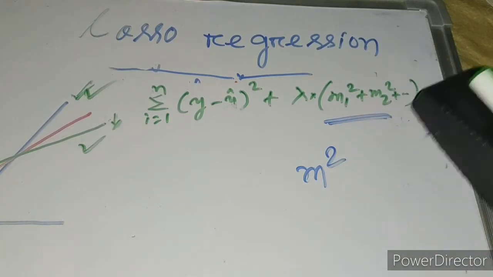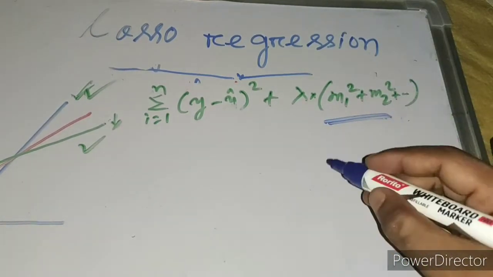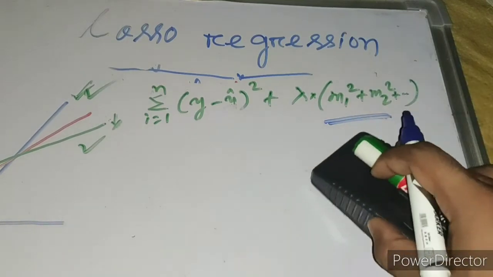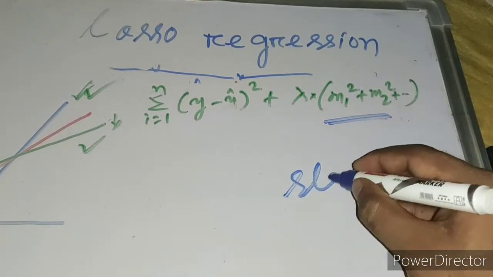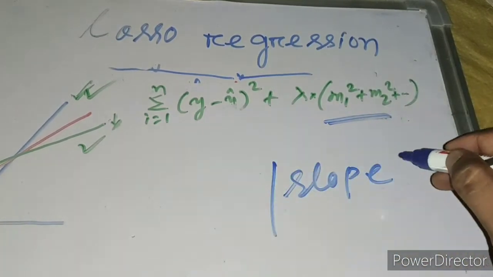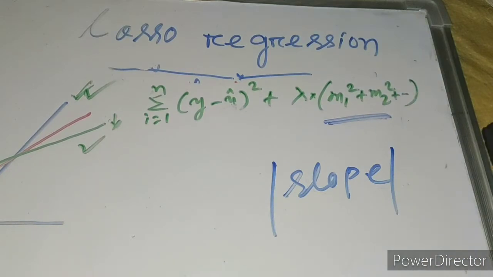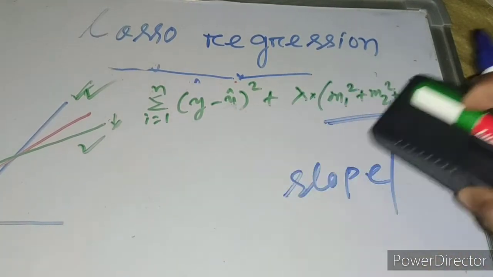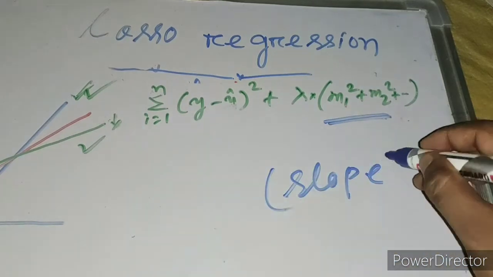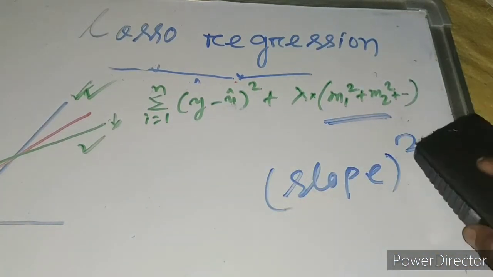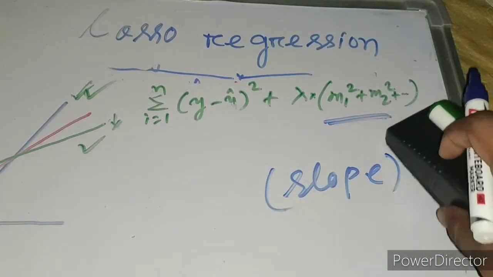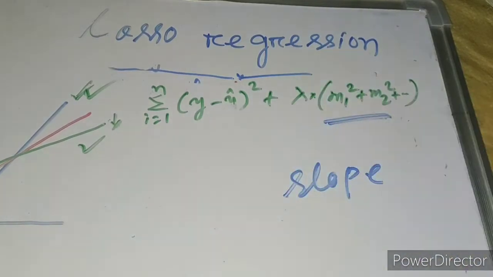We have to use the magnitude of m, or the magnitude of slope. The slope magnitude has to be calculated. In ridge regression, this will be slope square. In lasso, the square will be taken out. It will be simply slope.